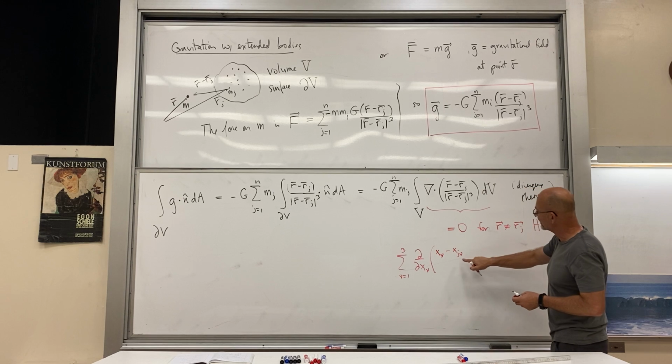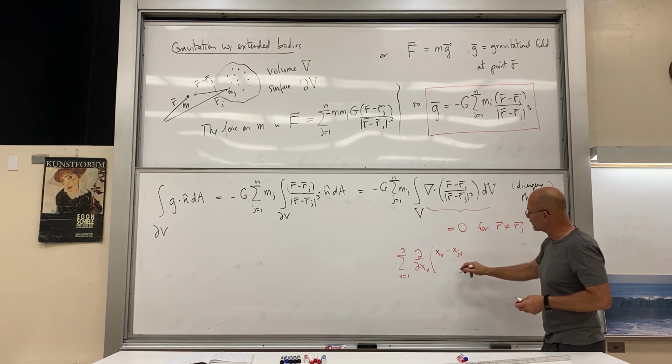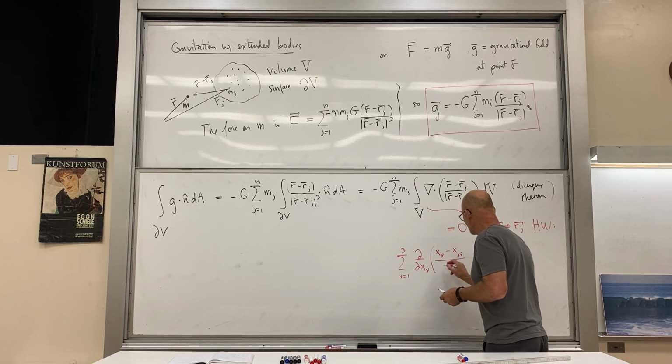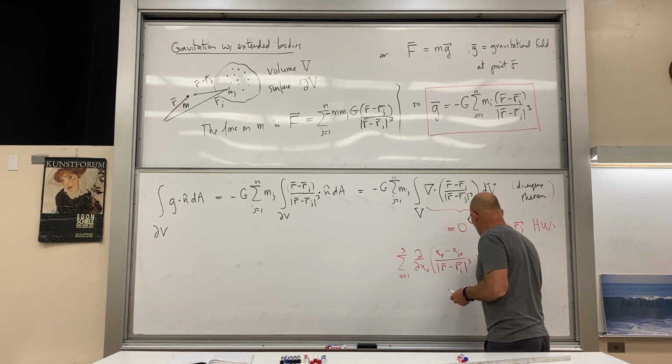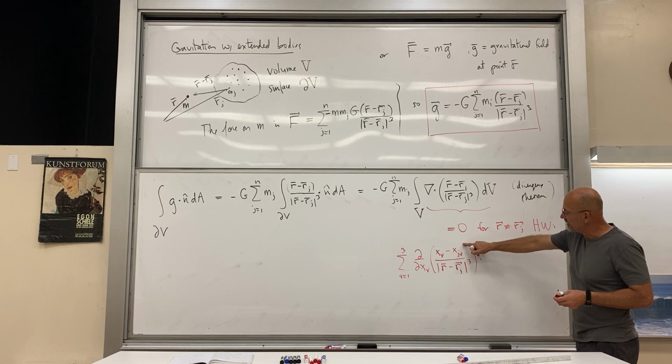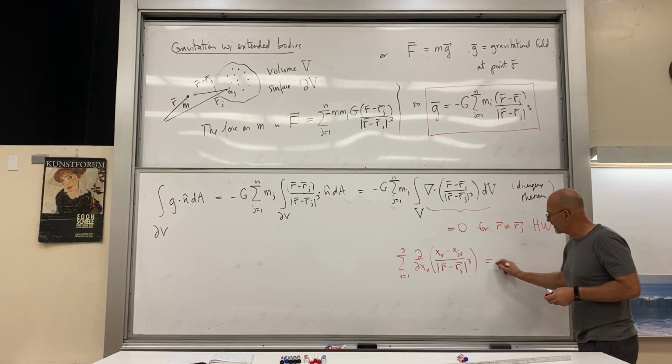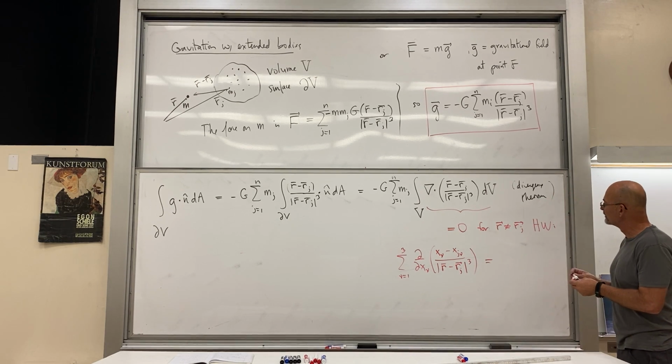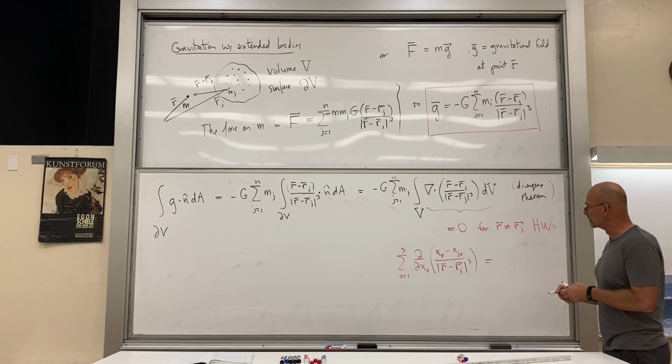This is the one we're differentiating with respect to, over |r minus r sub j| cubed.